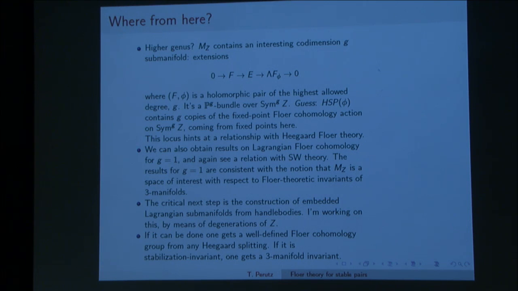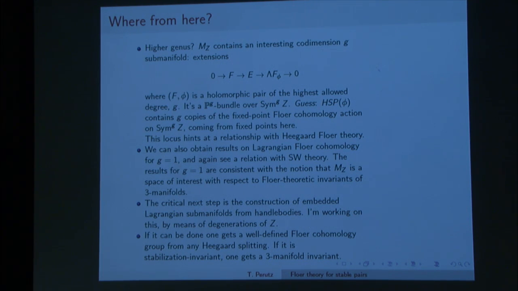Well, briefly, it flips along in that sequence of flips, and it parameterizes extensions of... it parameterizes those stable pairs where f sub phi is a holomorphic pair of the highest allowed degree, which in this case is g.